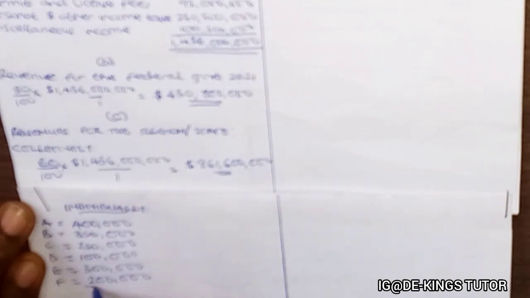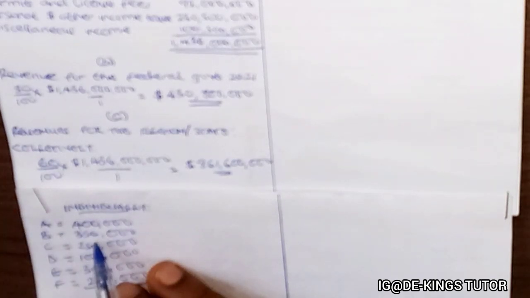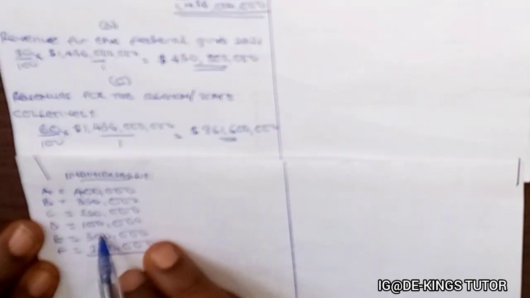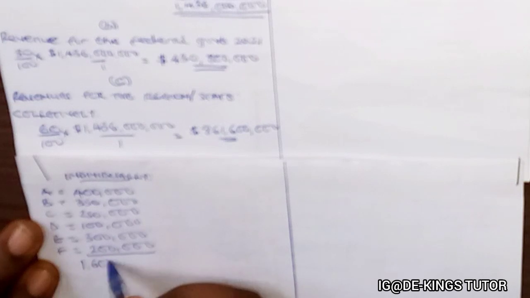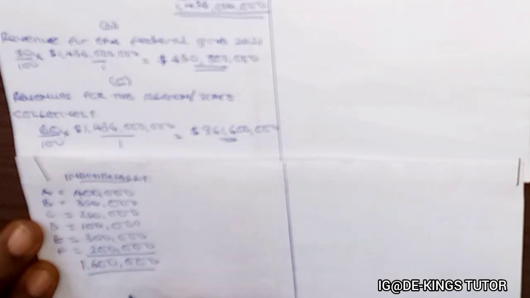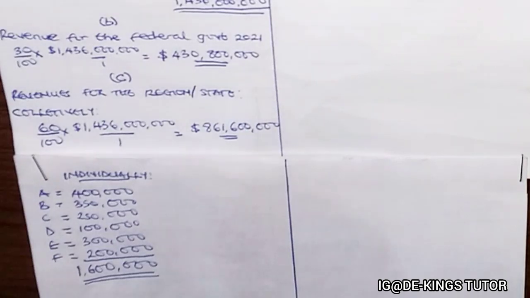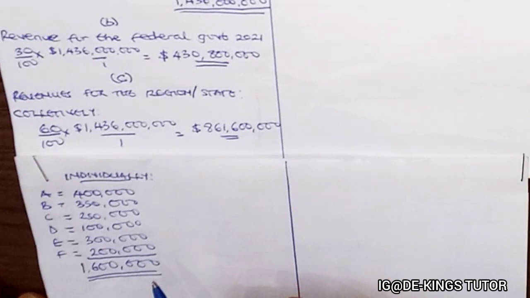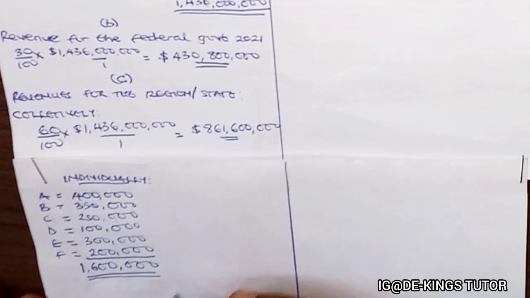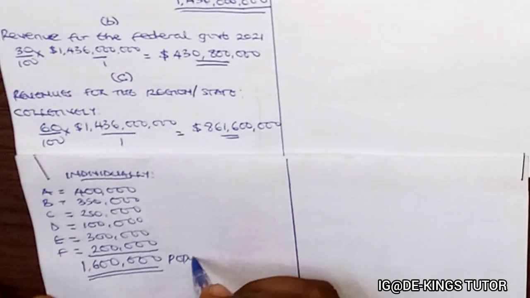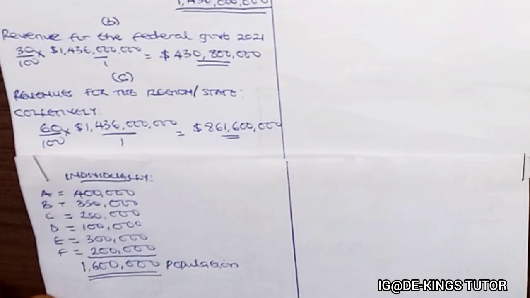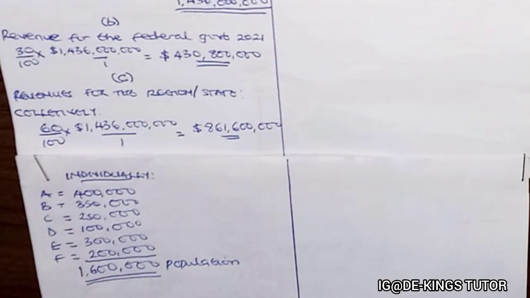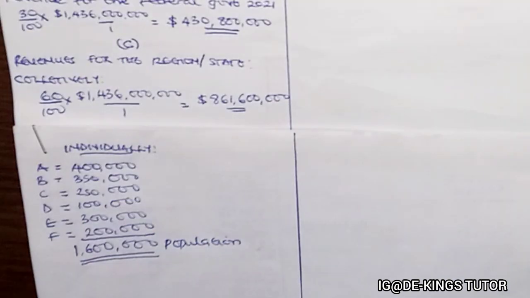Now I will add all this: 400 plus 350 is 750, plus 250 is 1,000,000, 1,100,000, 1,400,000, 1,600,000. So the total population sums up to 1,600,000. Now let's start sharing their money individually based on the population.